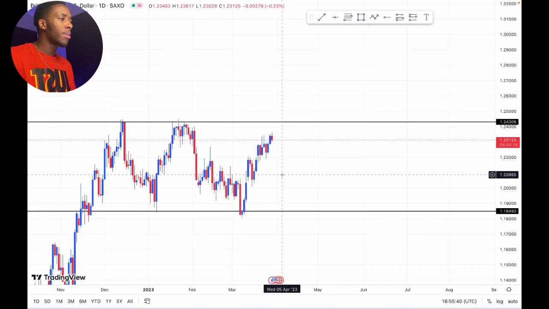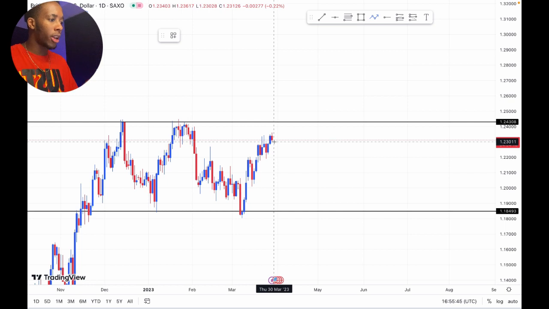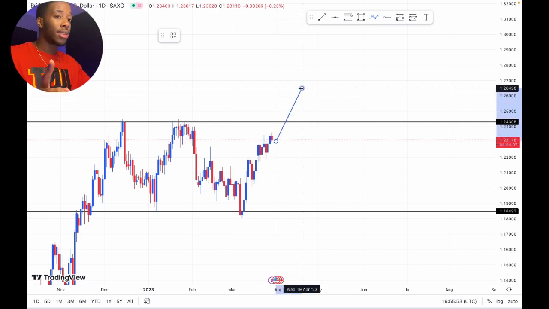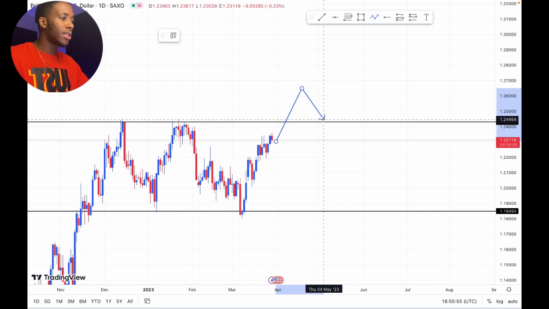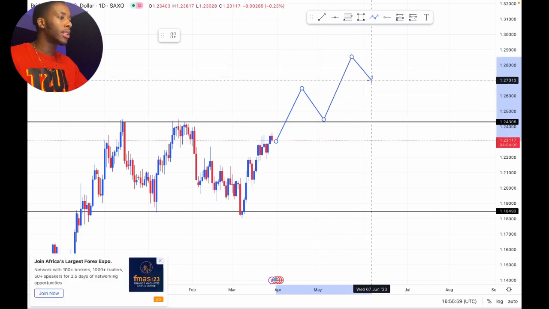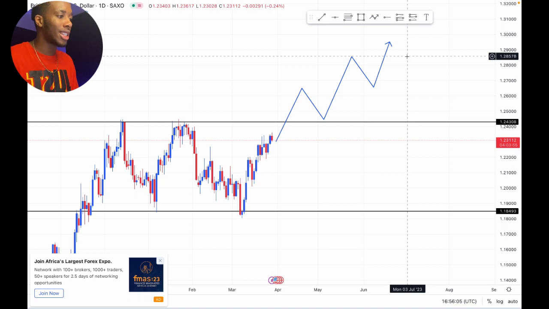As you can see, where the market is at right now, I usually look for the market to break out above, come back for a retest, and then go upwards, and do the same thing over and over again. That's basically how I trade, and that's how you can trade support and resistance levels.